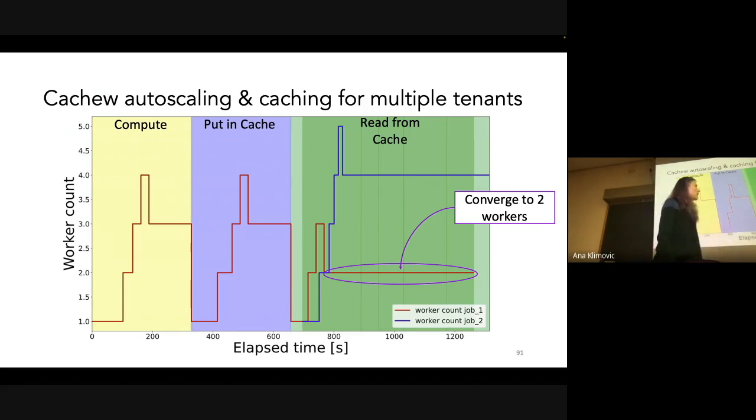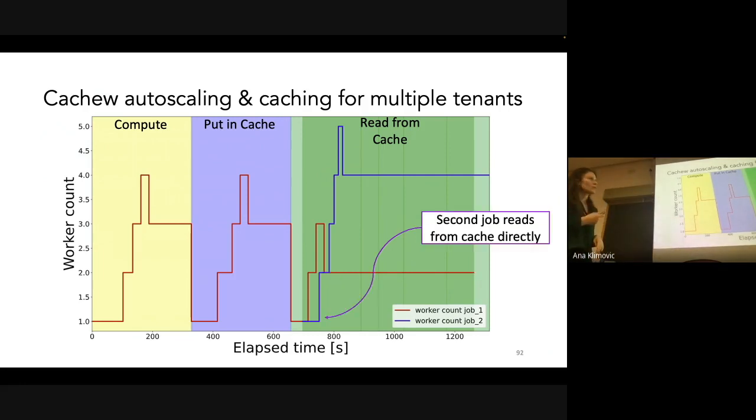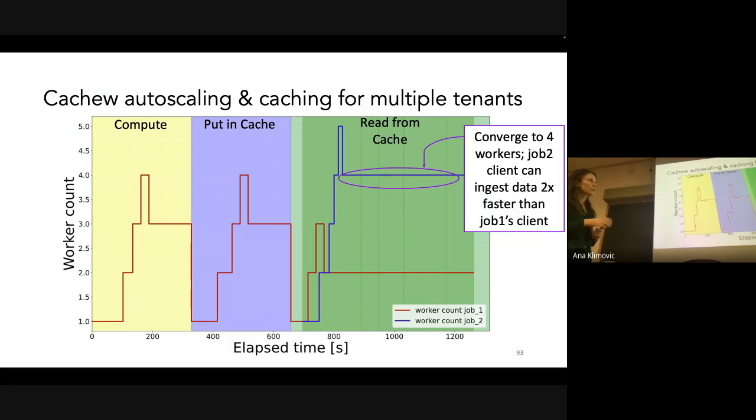The other benefit that's happening, remember, is that this is a multi-tenant system. So now this blue job comes in, and the way we've designed the experiment, it happens to have the same input pipeline. So it matches, and it can read from cache right away. It doesn't need to go through this process again. And notice it converges to a different number of workers.